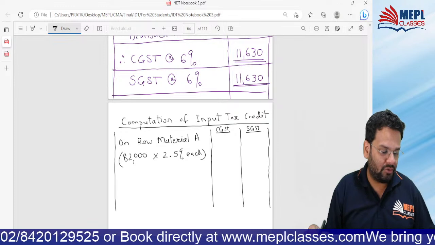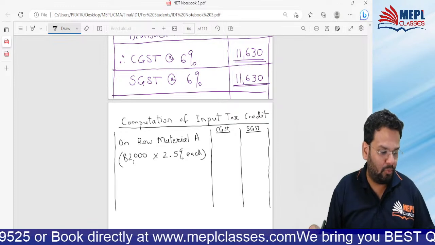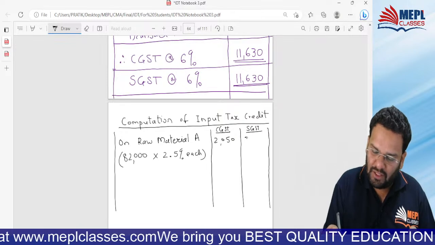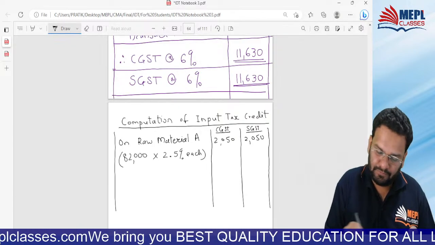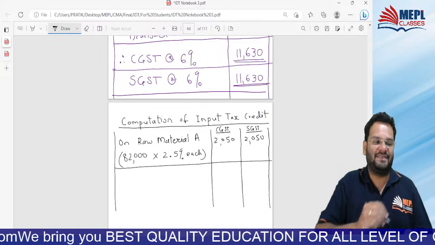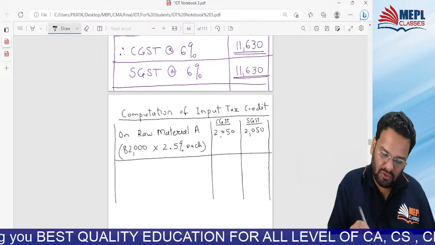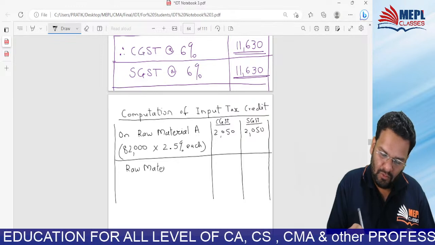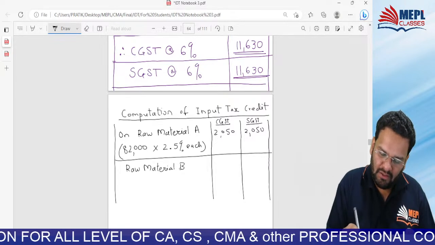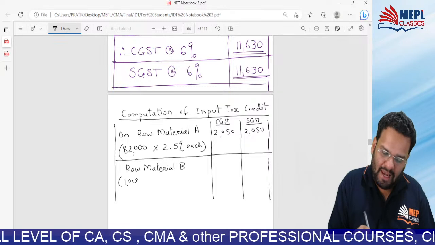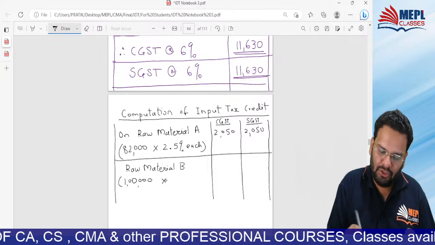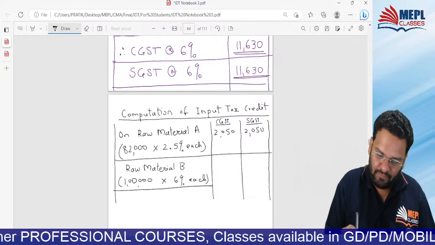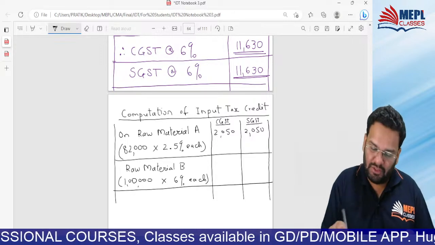So 82,000 into 2.5%. Is it 2,050 each? Yes. Then go for raw material B. It was 1 lakh into 6% each. So it's going to be 6,000 each.